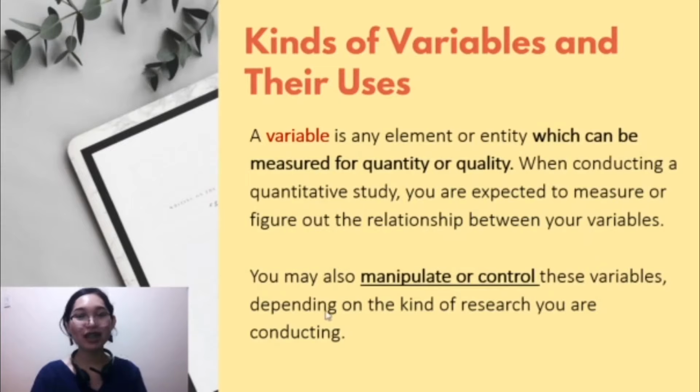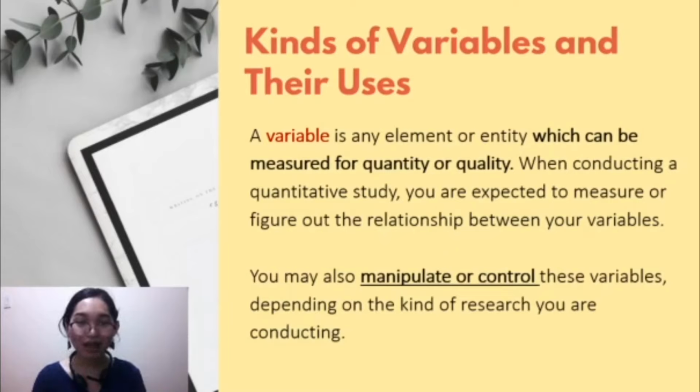So as you can see, you are going to measure to see the relationship of the variables under study, and how you are going to measure them is, of course, you will use a statistical method, and it is important that you understand what is the kind of variable that you used in your study for you to also choose what best statistical method you are going to use in analyzing your study.